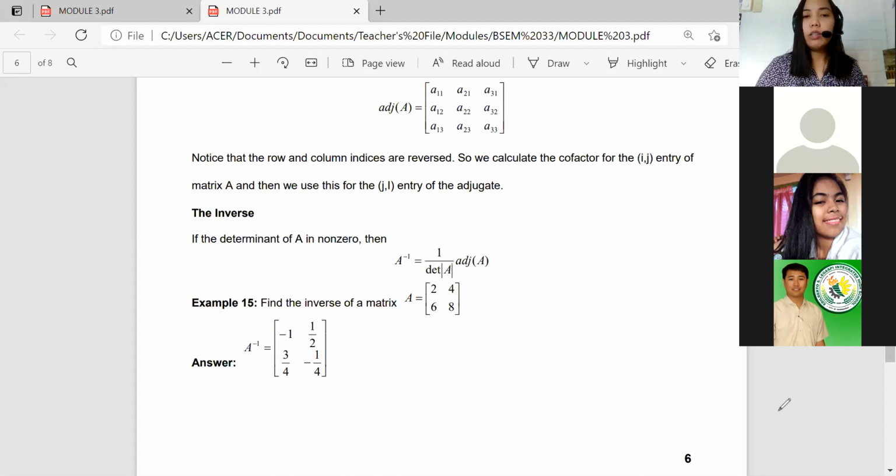The inverse of A, this is how we denote inverse, right? That is equal to 1 over the determinant of A multiplied by adjoint of A. That's why you need to be careful in finding your minors and cofactors. And then you get the transpose of that to find the adjoint. Kasi may isang element ng magkamali, mali na lahat.